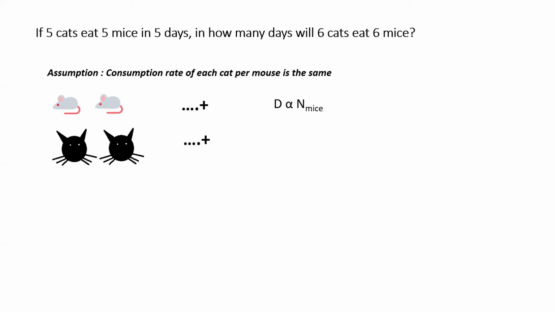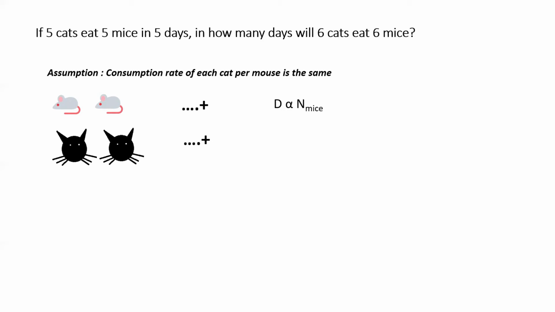And so the food will end up quicker. The consumption rate will be more, and as a result, the number of days the food is going to last is going to be lesser.